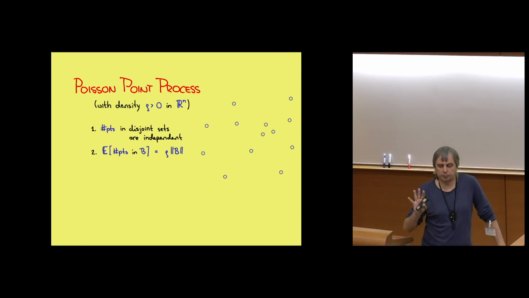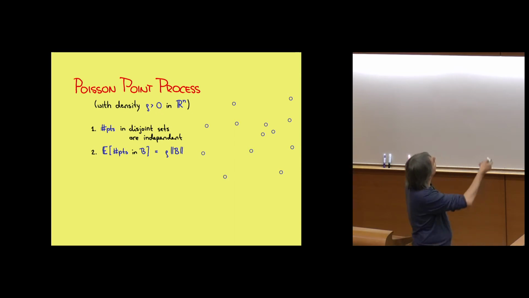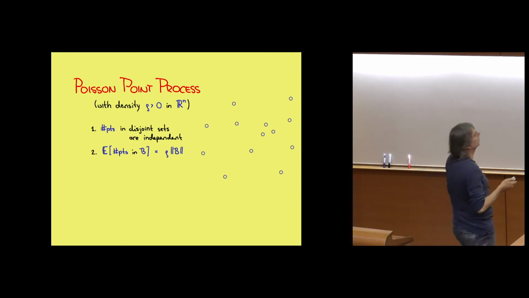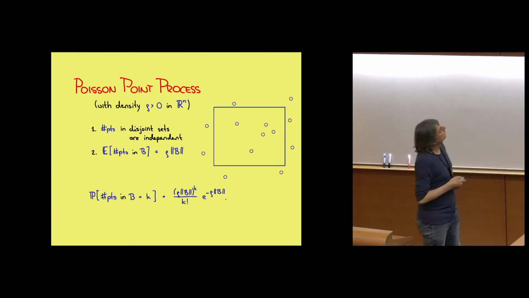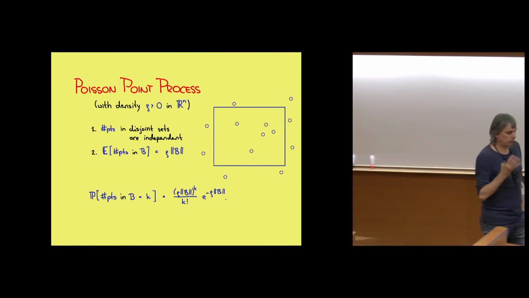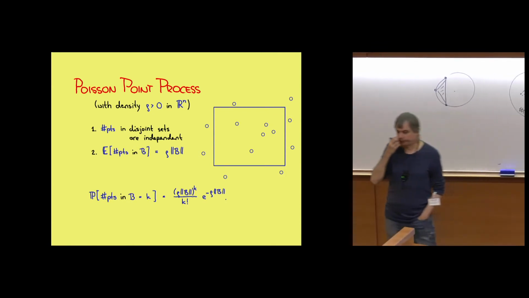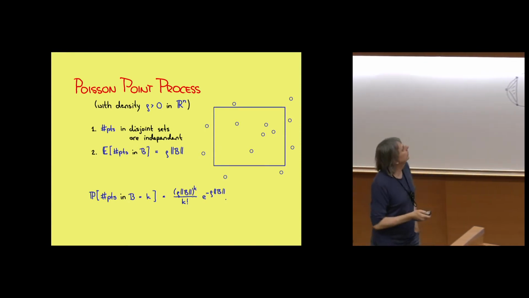And also the number of points in one region is proportional to the size of the region. The proportionality factor is this rho, the density. So this is a Poisson point process, and it tells you the probability within a region to have no point, or k points.